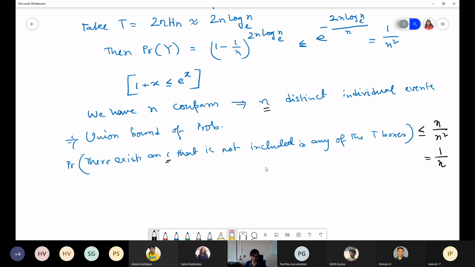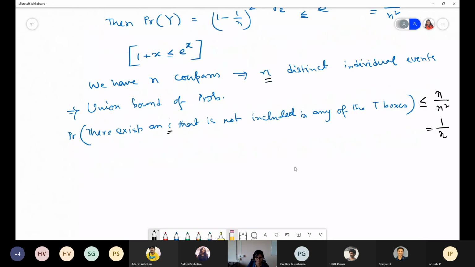What does it mean? If you buy 2n log n base e number of boxes, then the probability of winning is at least what?